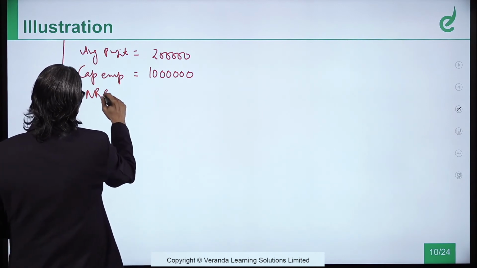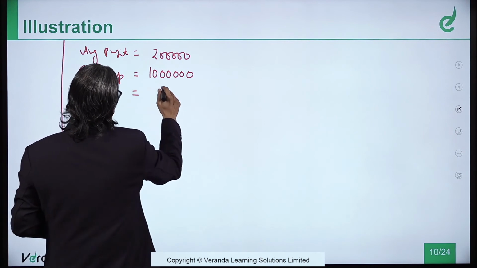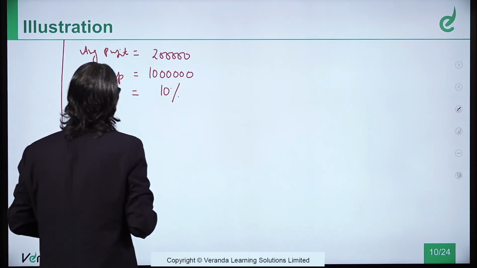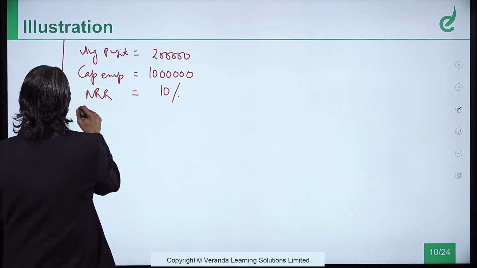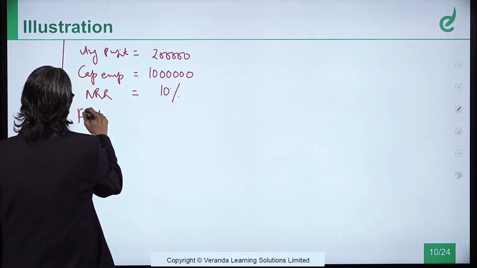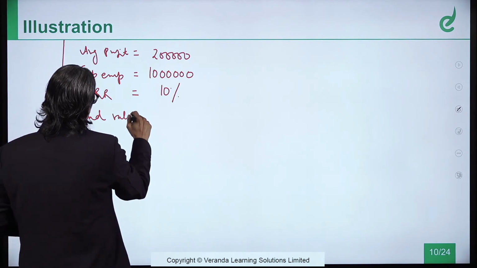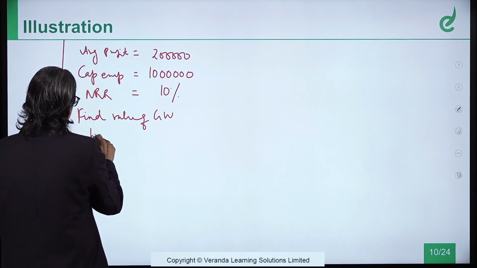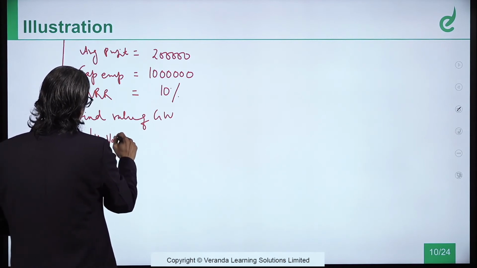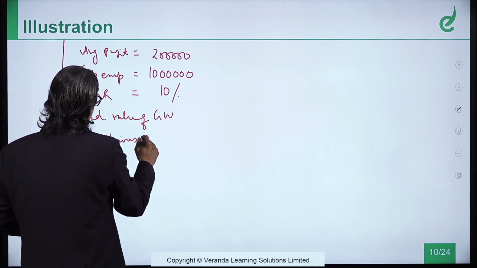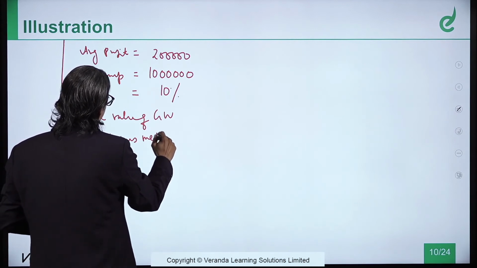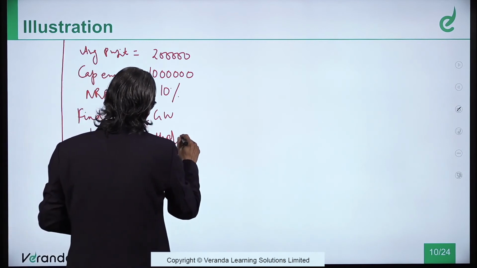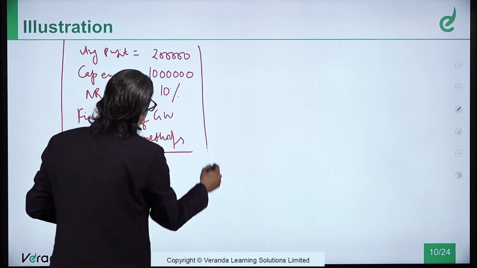Normal rate of return is 10%. Find the value of goodwill by various methods. By various methods, let us try to calculate the value of goodwill.